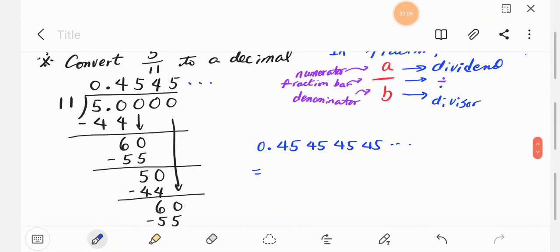So in this case, you can write something like this. If a number is repeating, in this case 45 is repeating, so just put a bar above this repeating number.